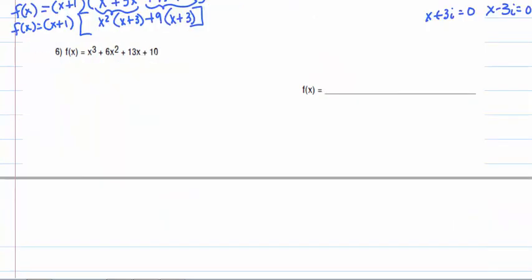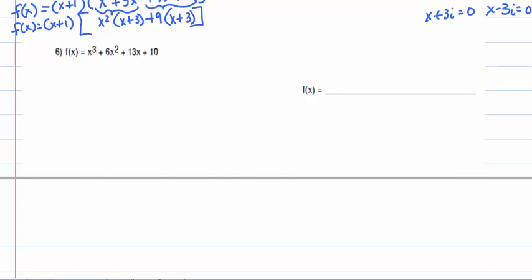Number 6. Here I have a 4-term polynomial. If I try to factor by grouping here with a 4-term polynomial, when I factor out x squared from these first 2 terms, I'm left with x plus 6. Is there anything I can factor out of these last 2 terms that I'll be left with a positive x plus 6? No. So therefore, I can't factor it that way.